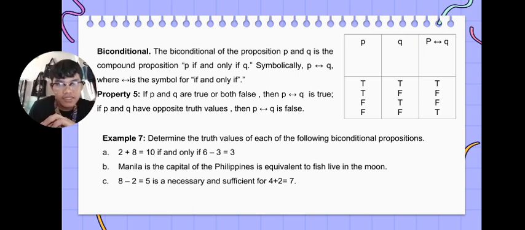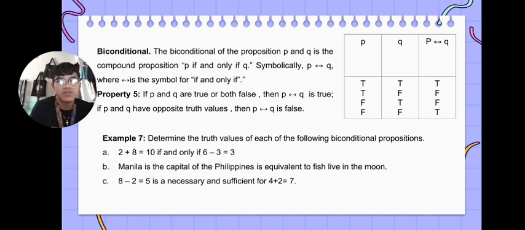Next example: Manila is the capital of the Philippines if and only if fish live on the moon. Manila is the capital of the Philippines is a true proposition, while fish live on the moon is false. Thus, the biconditional compound proposition is false.